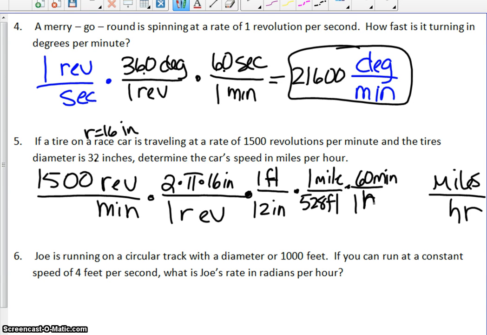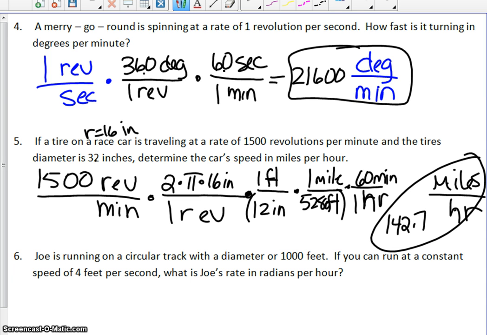Okay, I just have to multiply across. I'm going to go 1,500 times 2 times pi times 16 times 60 divided by, don't forget to put parentheses around these 2 when you divide by them, 12 times 5,280 right there. What I got for an answer there was 142.7 miles per hour. Final answer.